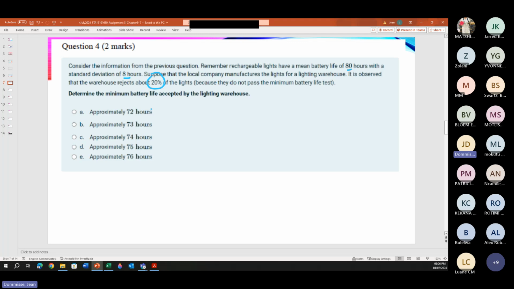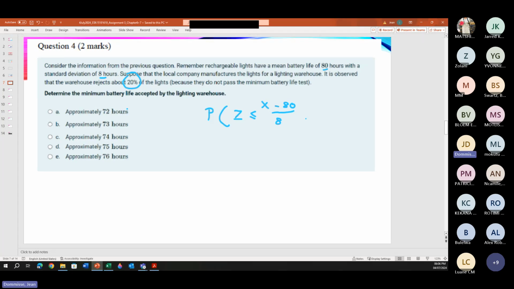Okay, so basically we need to get the probability where Z is X minus 80 divided by 8, and that probability is equal to 0.2.